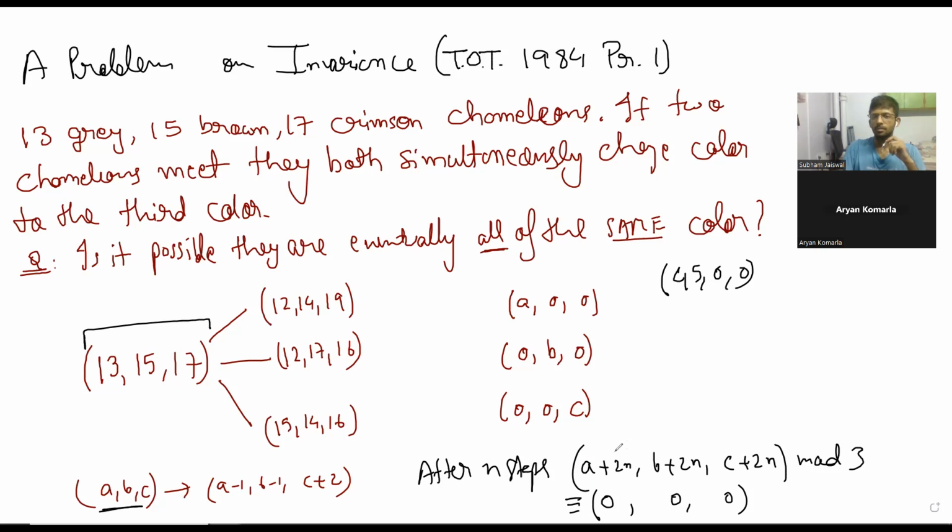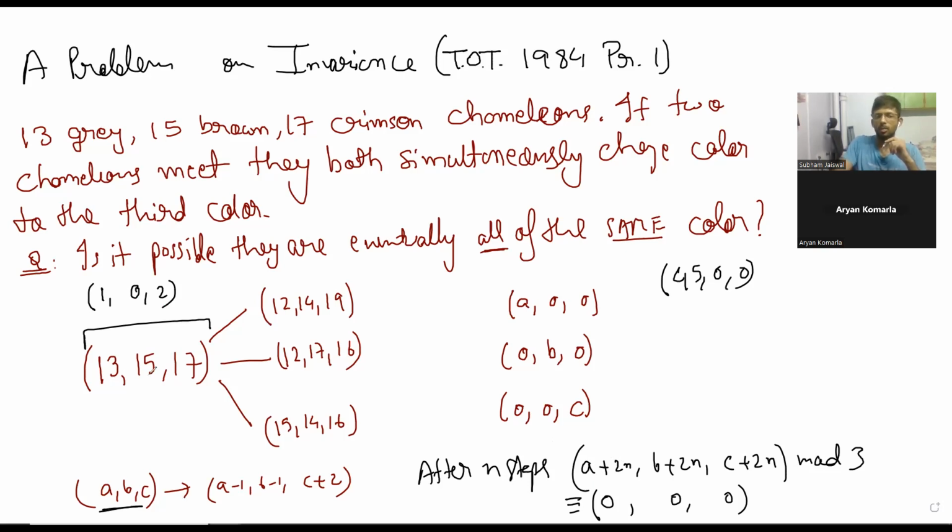So our initial set is 1, 0, 2 mod 3. Now we are adding 2n to this mod 3. So it will not become equal.